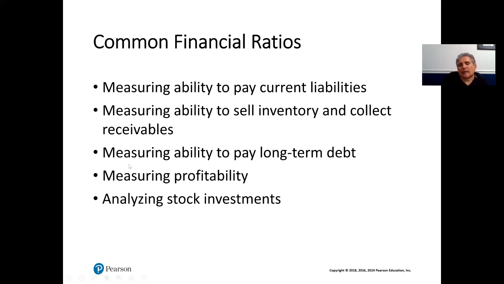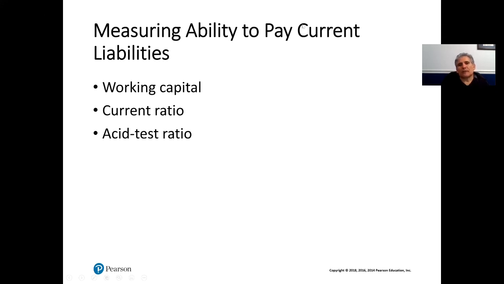The next area we like to look at is measuring ability to pay long-term liabilities. The next area is measuring profitability. And then the last area would be analyzing stock investments. So we're going to go through and find out that there are a number of ratios that apply to each one of these areas. All right, measuring the ability to pay current liabilities. Again, this is often referred to as liquidity.